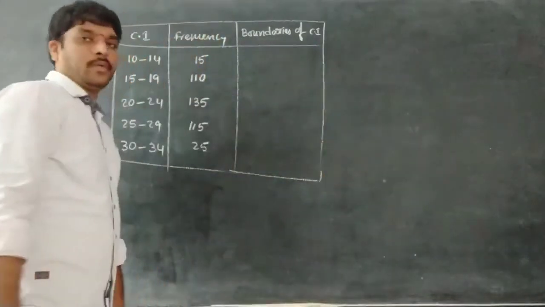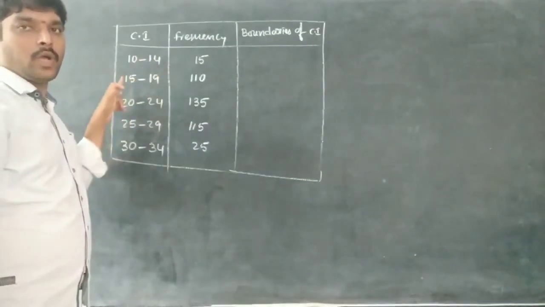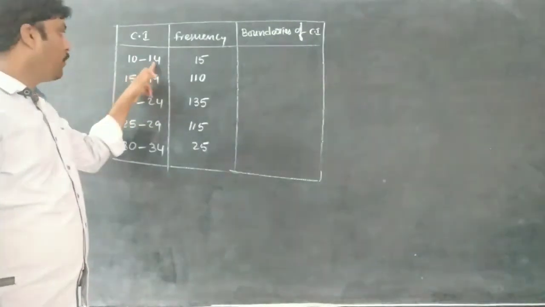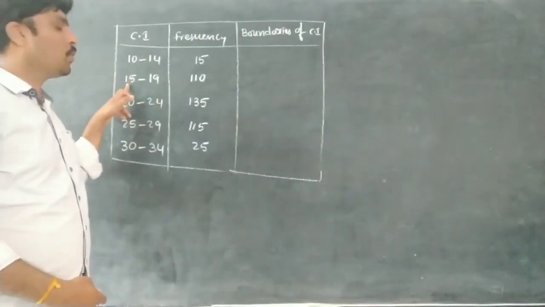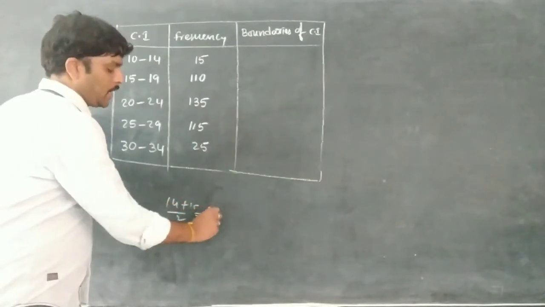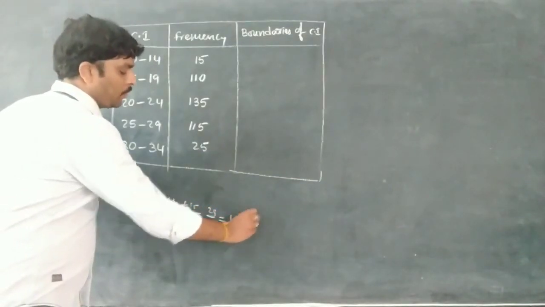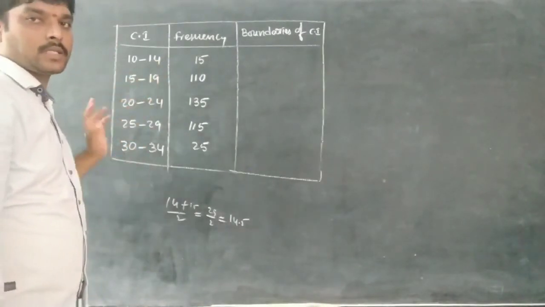So how to find boundaries? It is the average of the upper limit and the lower limit of the successive class. 14 plus 15 by 2: 14 plus 15 is 29, 29 by 2 gives 14.5. Here 14.5, here 14.5, and continue till the last class.